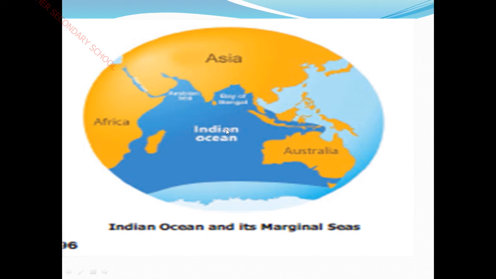Not only does the Indian Ocean belong to India, it is a gift of nature, and it belongs to other continents too: Australia's west side, and Africa's east and southeast side. Okay children, this is the picture of the Indian Ocean and its marginal seas.